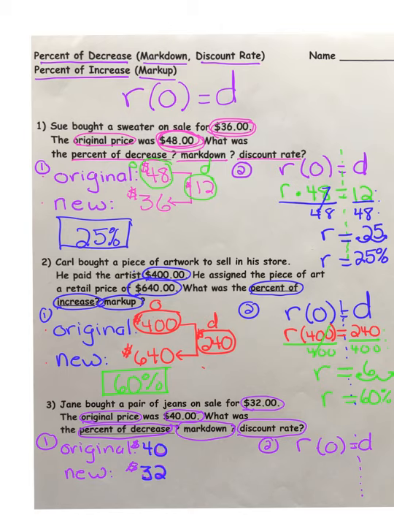We see it's now $32, which means 40 take away 32 gives us a difference of $8. That is our D, our difference, and we're going to compare that to our original cost, O. So let's use our formula to find the discount rate. R's a mystery times 40 equals D, the difference.